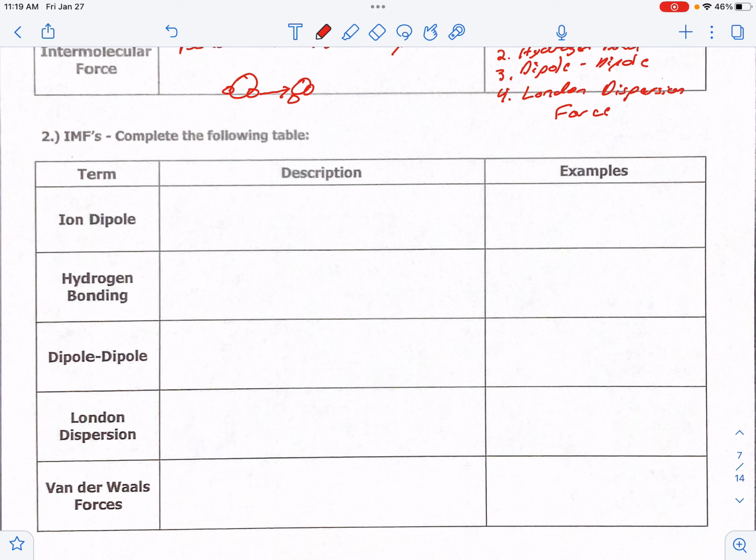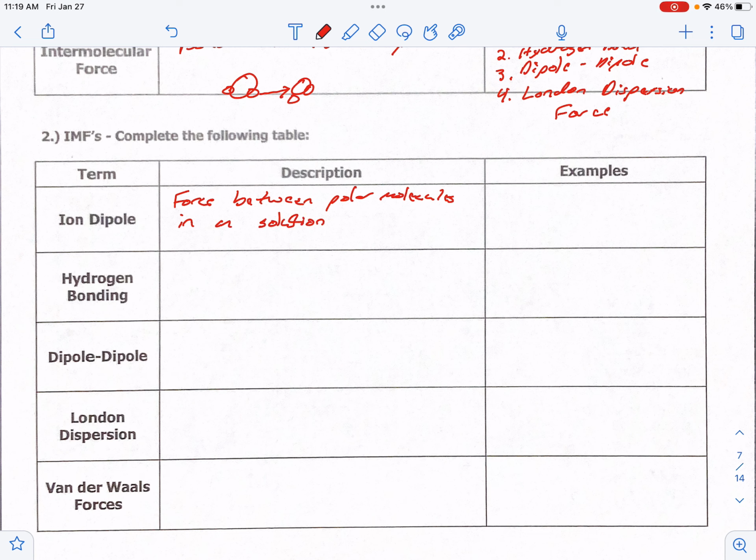Now, when we're talking about IMFs, those intermolecular forces, we have ion dipole. That is the force between polar molecules in an ion solution.